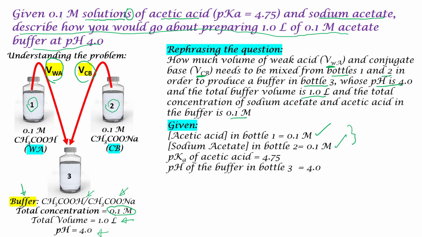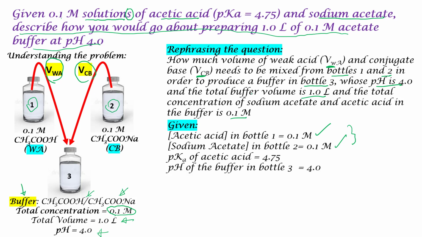We just have the weak acid solution separately and the conjugate base solution separately. So we can say the 0.1 molar acetic acid is the concentration of weak acid, and the 0.1 molar sodium acetate in bottle 2 is the concentration of conjugate base.